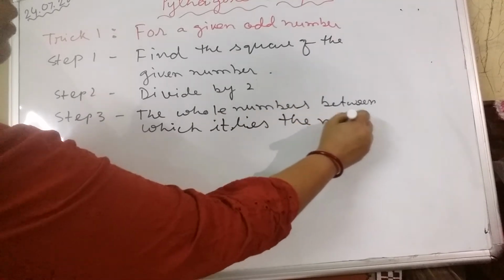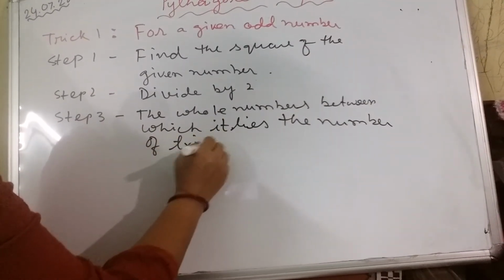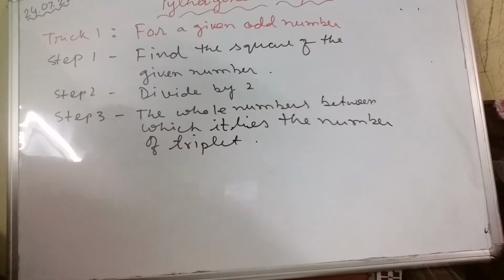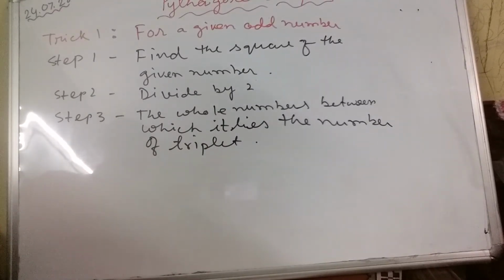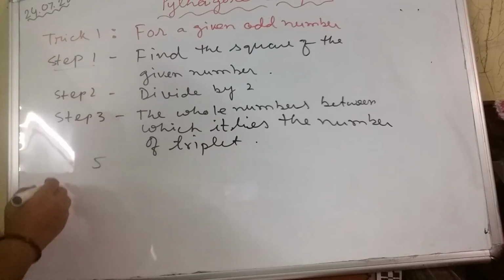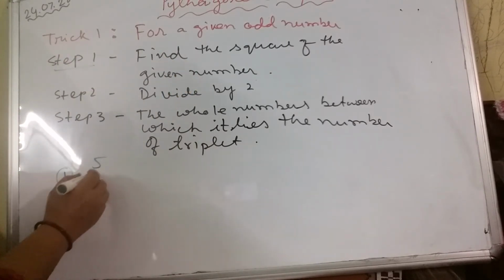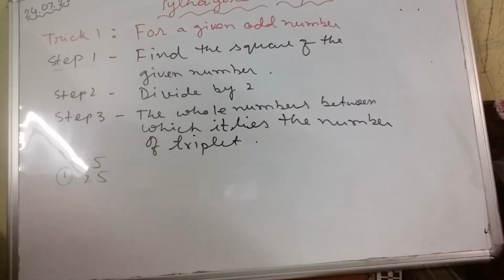The number of triplets. Let's take an example. Say 5. It's an odd number. First step is find the square of the given number. So 5 square is 25.